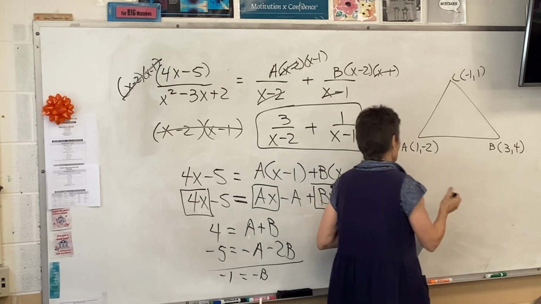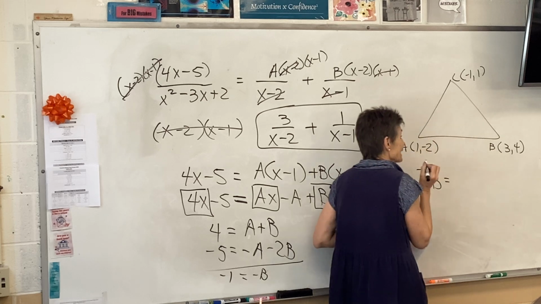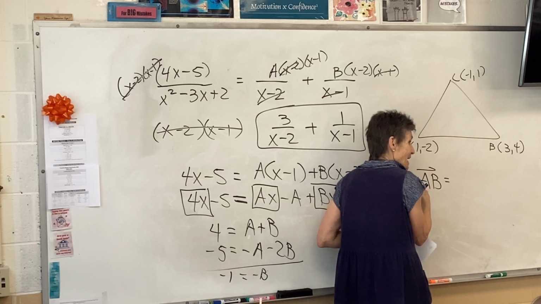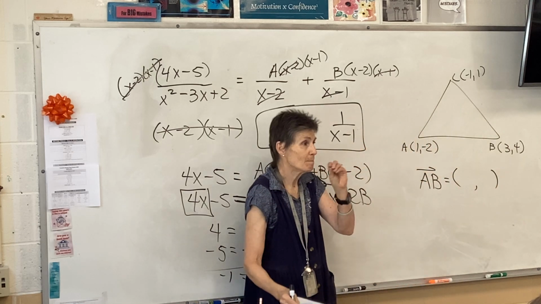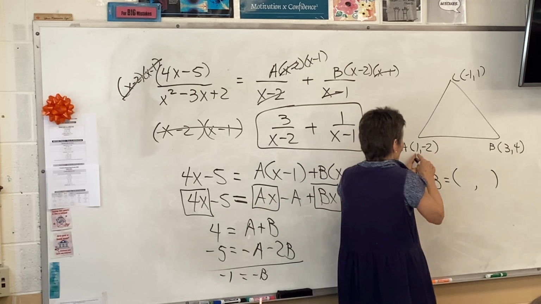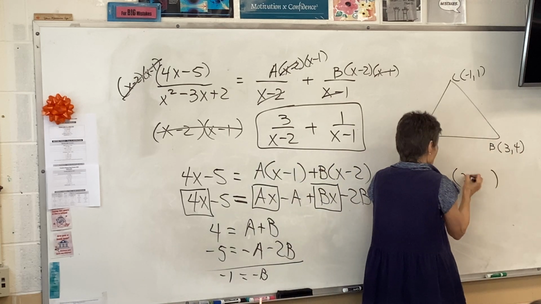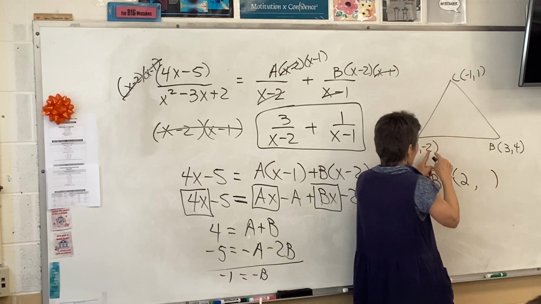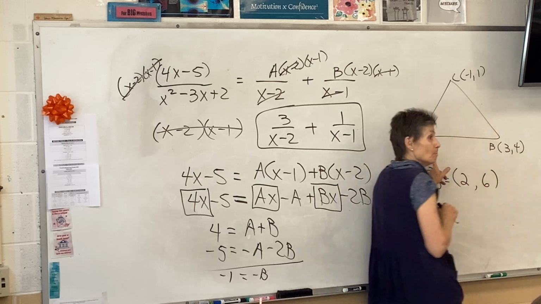What's important is that you look at how we are getting from A to B. Well, we're going from 1 to 3, which is +2. And we're going from -2 to 4, which is +6.